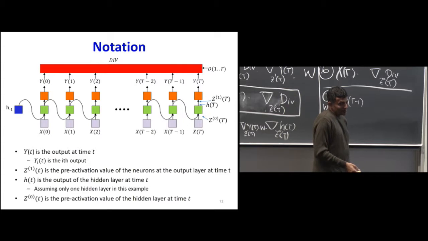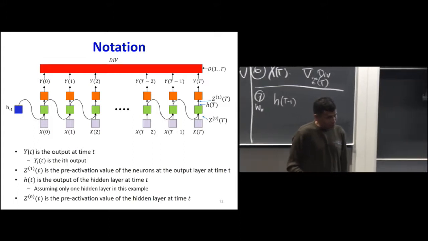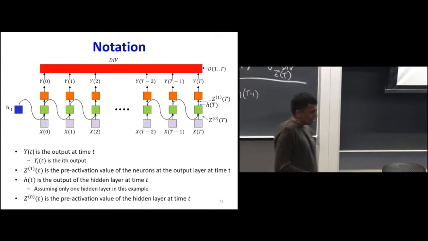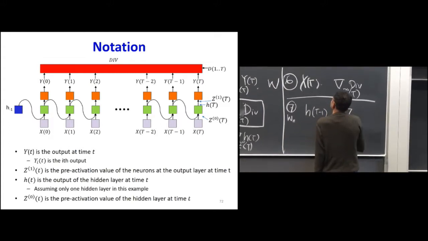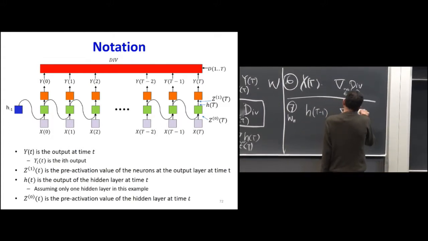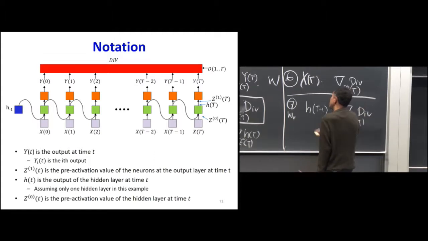No. Jacobian z0 or the derivative of the divergence with respect to z0. That's not a Jacobian. This is going to be the derivative of the divergence with respect to z0 of t, right?